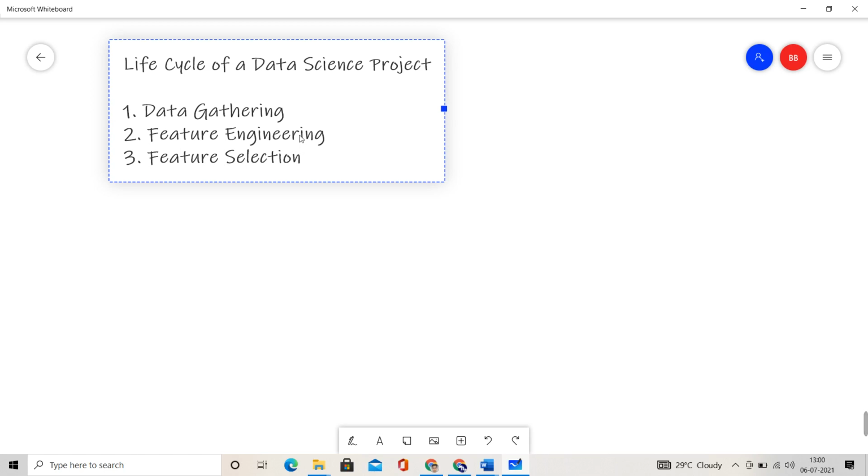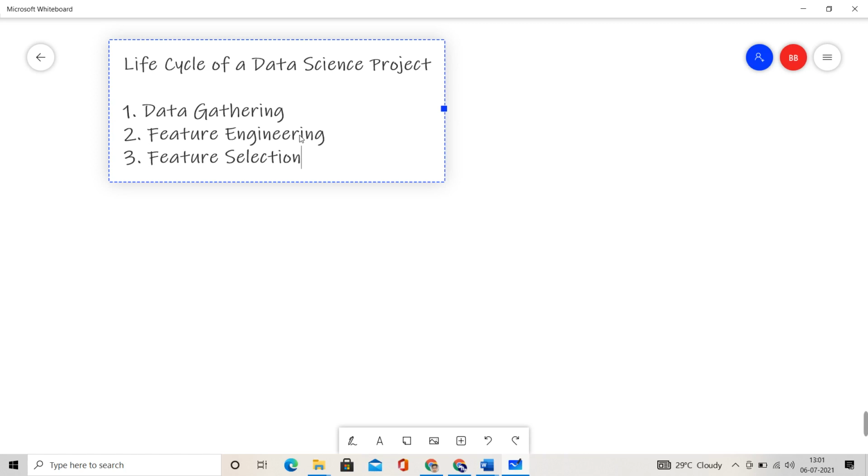So there is a concept in data science which is known as the curse of dimensionality. That means when we have large number of dimensions, or you can say features or variables, it is not good. So in feature selection, we try to understand which are the important variables which should be kept in the model.